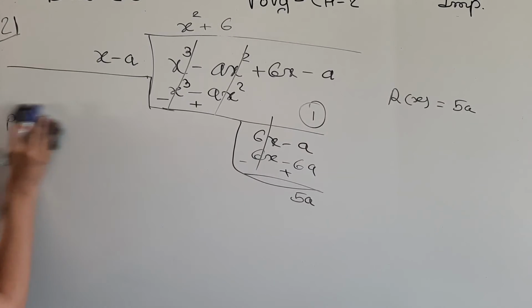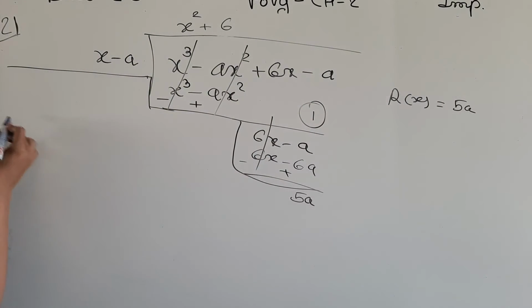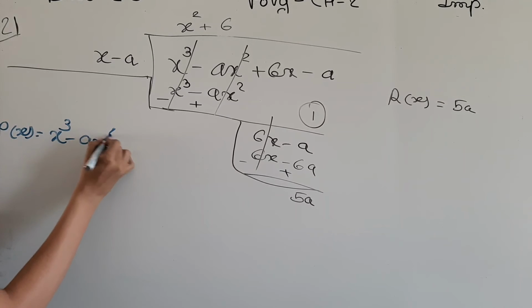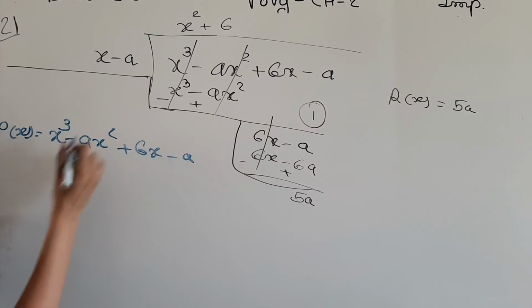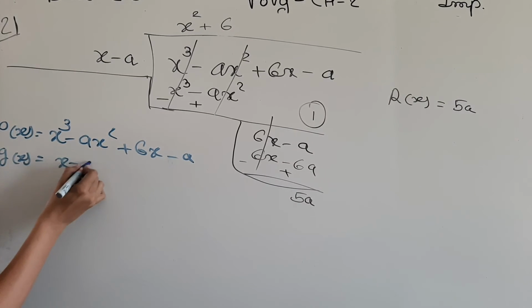Let me write with the blue pen so it will easily differ from the other question. Okay, so p of x is equal to x cube minus x square plus 6x minus a, and your g of x is what? x minus a.